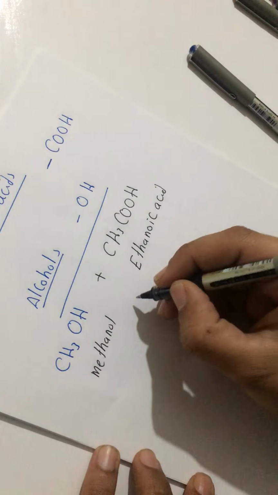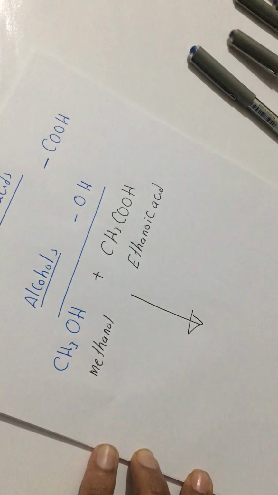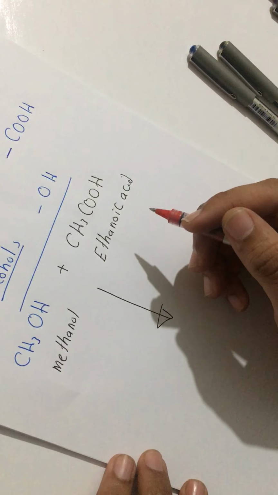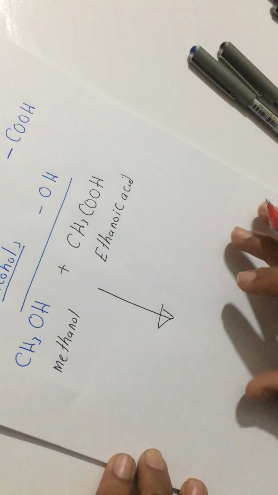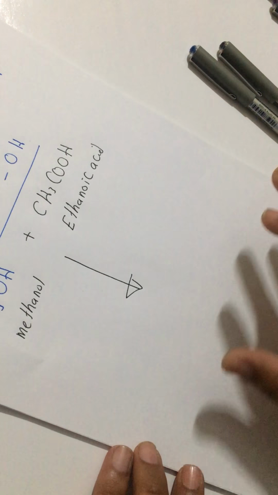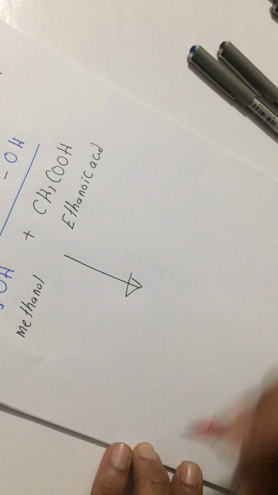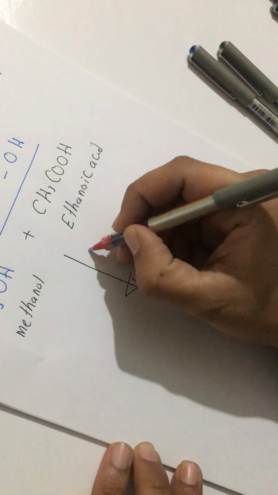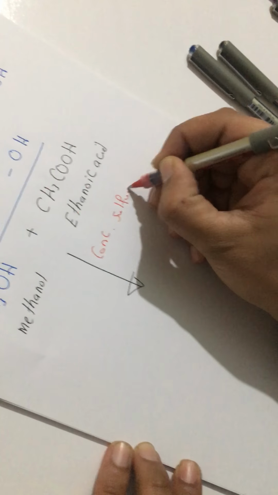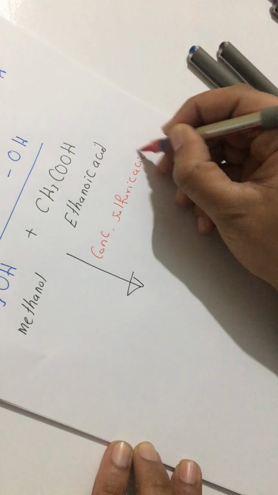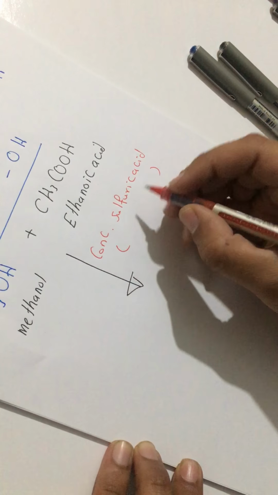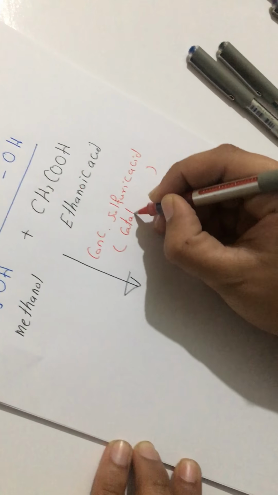For this reaction, a catalyst is required in order to complete this process, which I'm going to name at the end of the equation. But for now, we need concentrated sulfuric acid, and this substance is considered in this reaction as a catalyst.